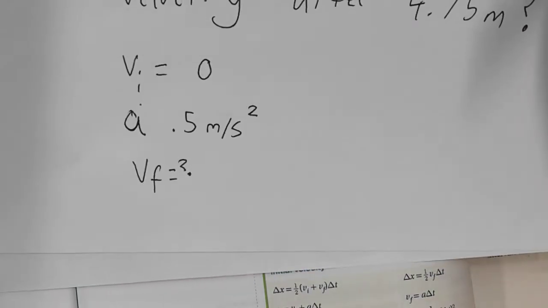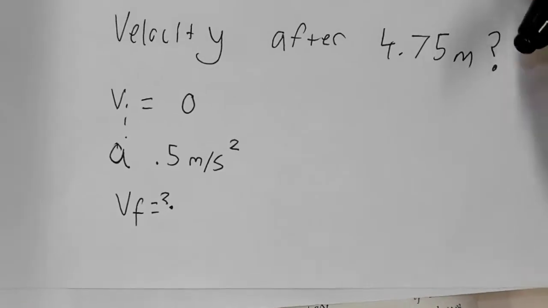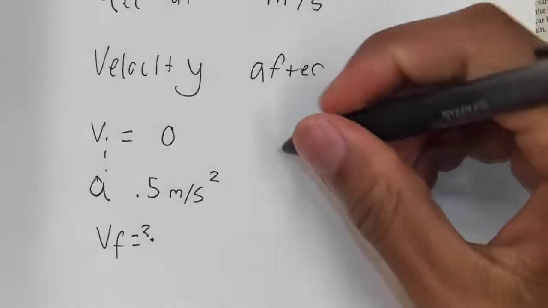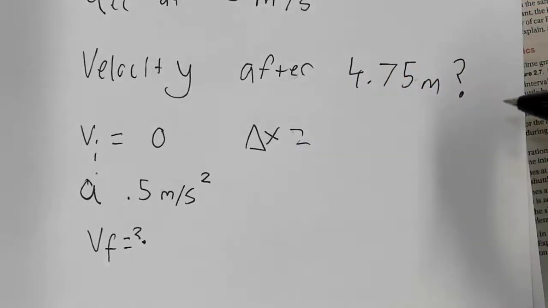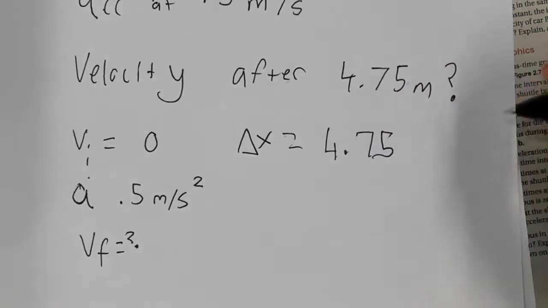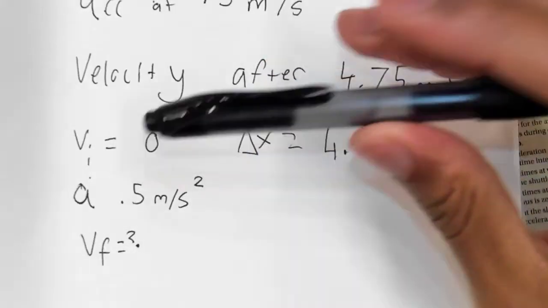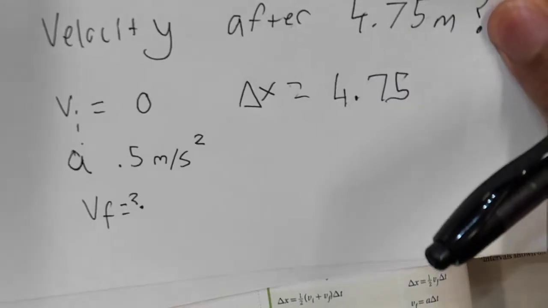So those are the 2 things we're given: initial velocity, acceleration, and we're given after 4.75 meters, so we're given a displacement. So we need an equation that can take into account displacement, acceleration, and initial velocity, and give us the final velocity.